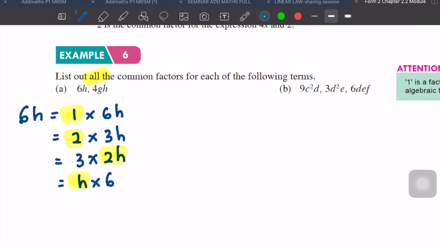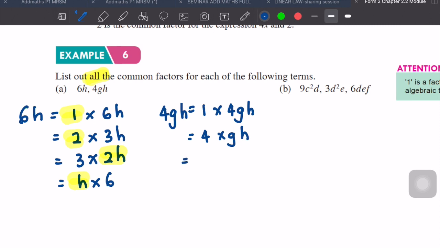So next we try 4gh. We start with 1 times 4gh. You can also write 4 times gh.